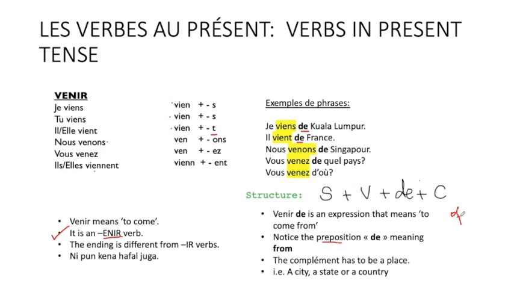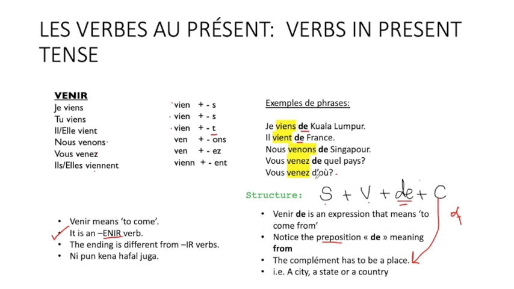So the sentence structure is: you have the sujet, the verb, the preposition de, and then the complément. Here, the complément has to be a place. It can be a city, a state, or a country. I forgot one more sentence. Vous venez d'où?